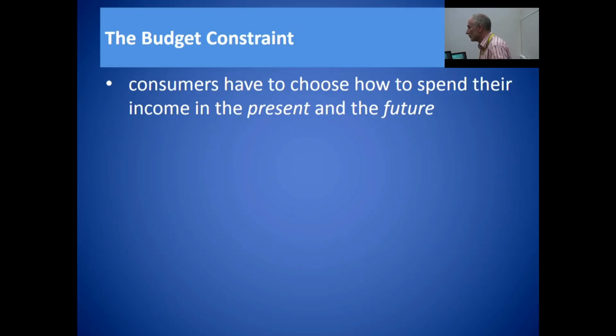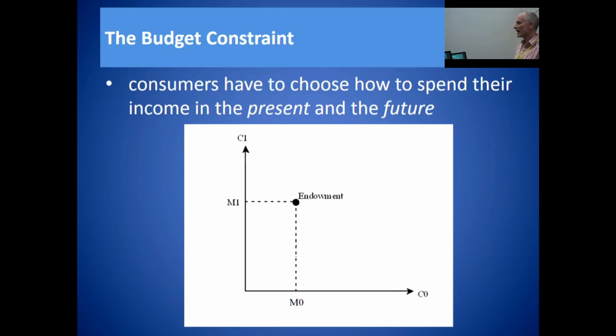So individuals have income in the present and the future, and they need to decide, well, how many goods, how much do I want to consume in the present and the future? So that's then the starting point. So what we have here is a very simple diagram, and we are representing consumption in the present along the horizontal axis.